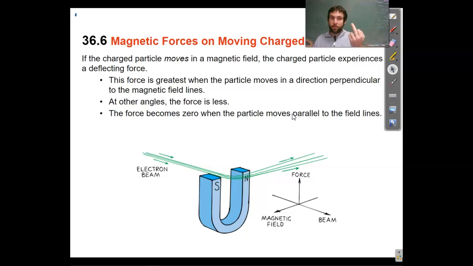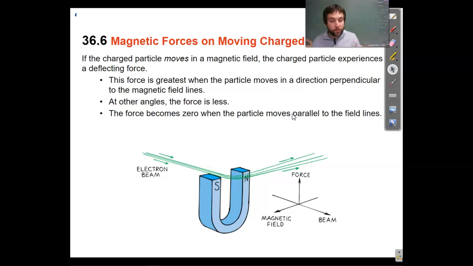F is represented by your middle finger. B is represented by your pointer. B, remember, is the magnetic field. And your thumb is the current, the direction of the current. So FBI, like the agency. F, because that's easy to remember, right? And then BI.